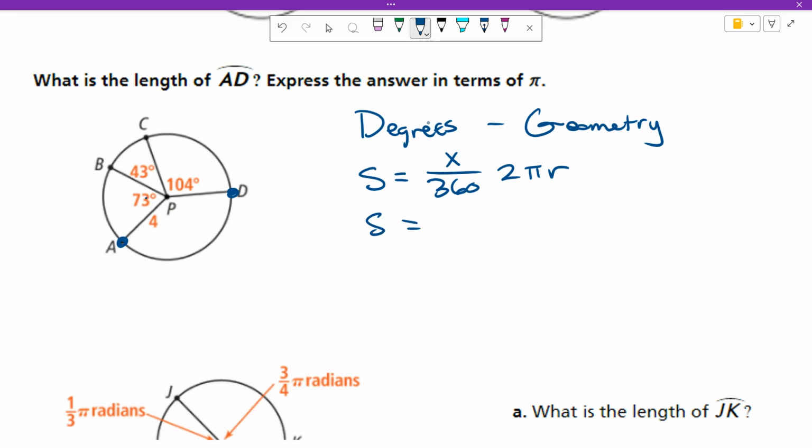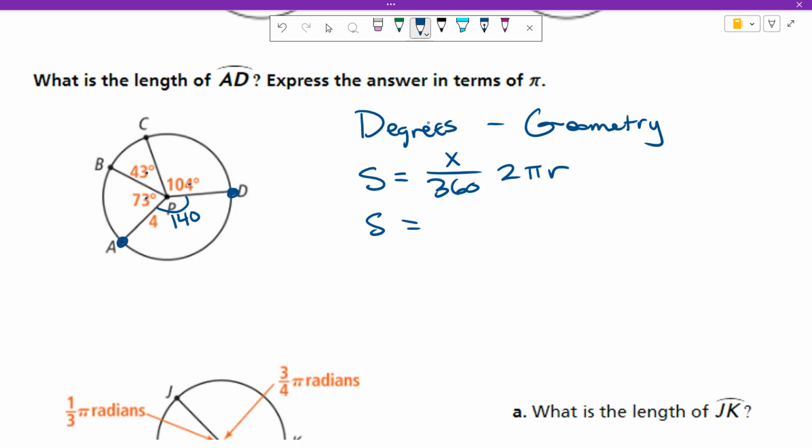If I have 73 degrees here, 43 degrees here, 104 degrees here, what's left for this angle? Because that's the angle I'm worried about. Well, 73 and 43 add up to 116, plus another 104 is 220. 360 minus 220 is 140.